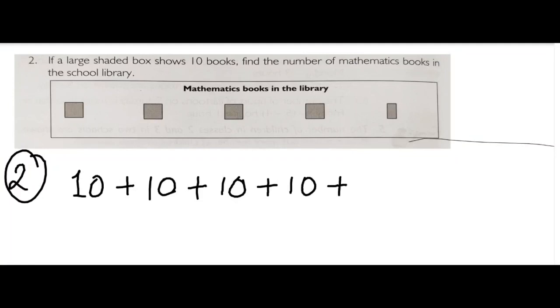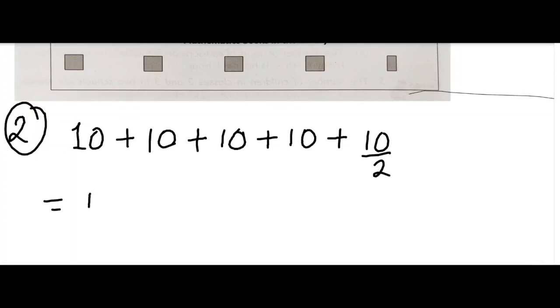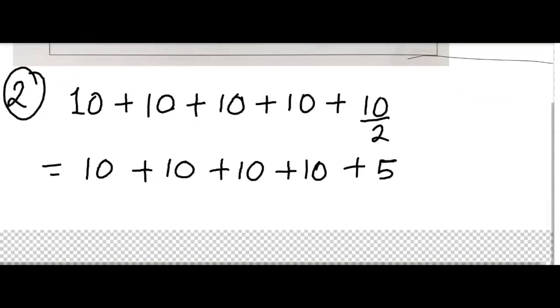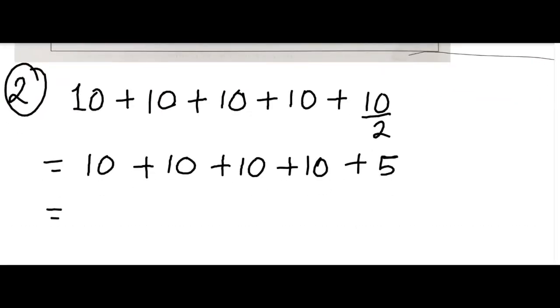So you can conclude that half of 10 is, you know, 10 divided by 2, and you know that 2 5s are 10, so 5. Half of 10 is 5. So you can add now 10 plus 10 plus 10 plus 10, 40 plus 5 is 45. So total number of math books is 45.